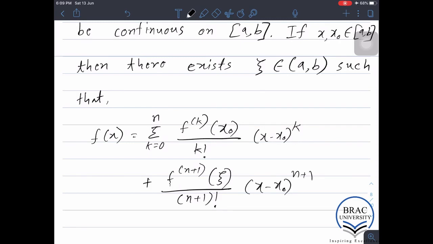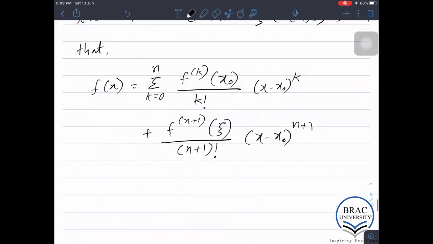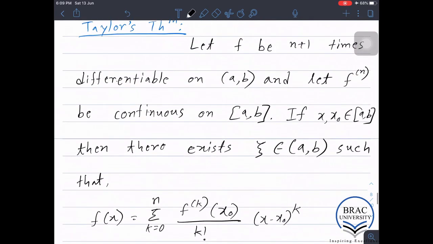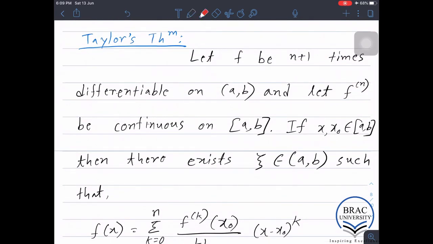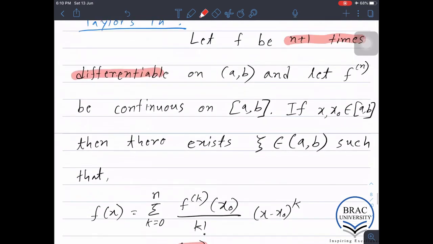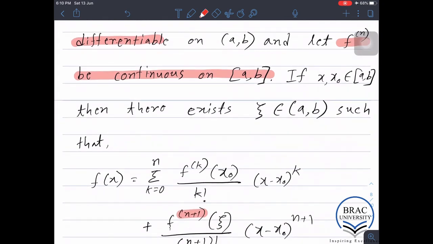Okay, so there are a couple of things to notice here. First, let's try to mark them. That f is n plus 1 times differentiable. That can be done, so I can take this up to n plus 1 because of this. Okay, and let f^(n), that means the nth derivative, be continuous in this interval. Fine. Now let's say that my x and x0.